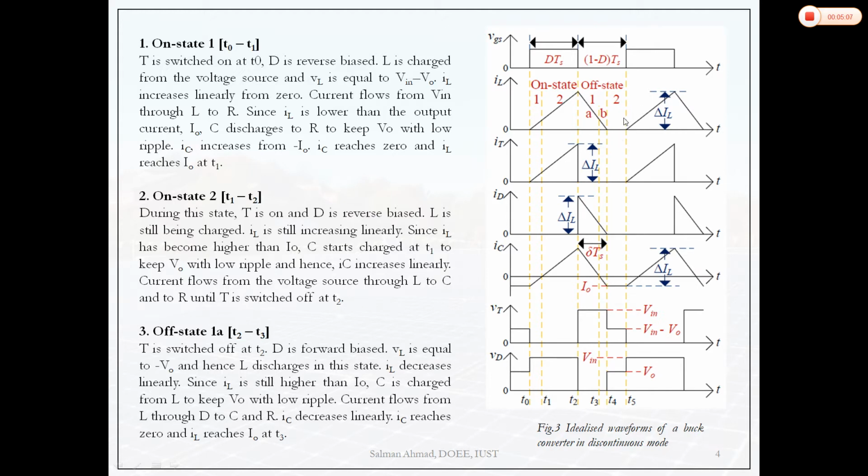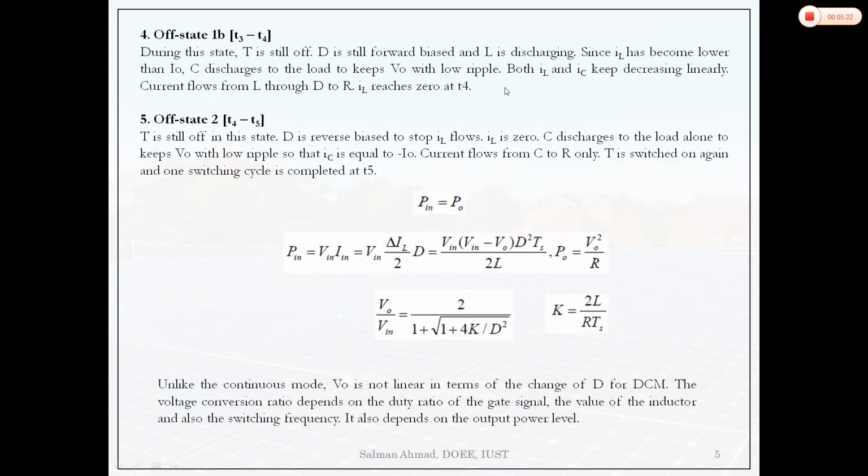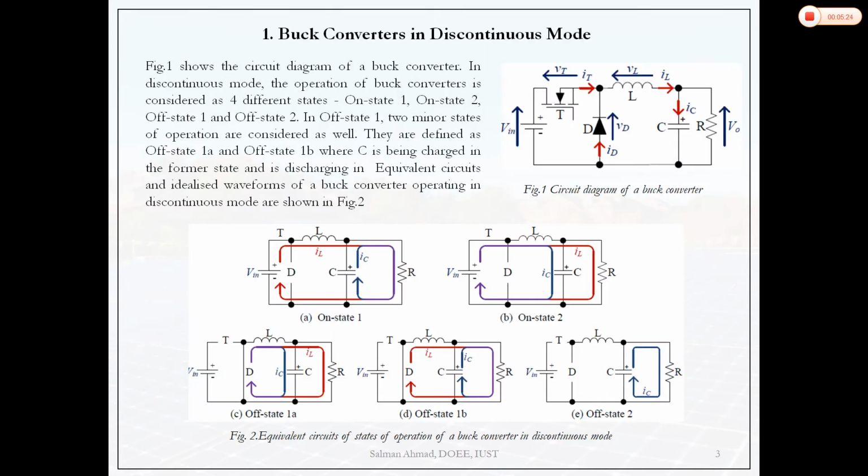Okay, so if we want to plot the switch current, the switch is conducting once it is turned on. Okay, so during on time it is conducting and it is the same as the IL value. You can see from the previous diagram that in this case the diode is turned off, so whatever the IT value, the same will be the IL value, so they are appearing in series.